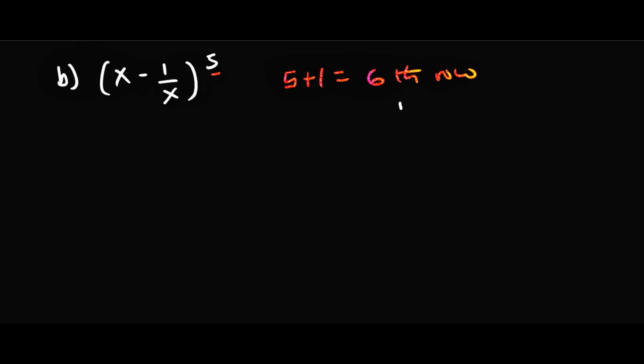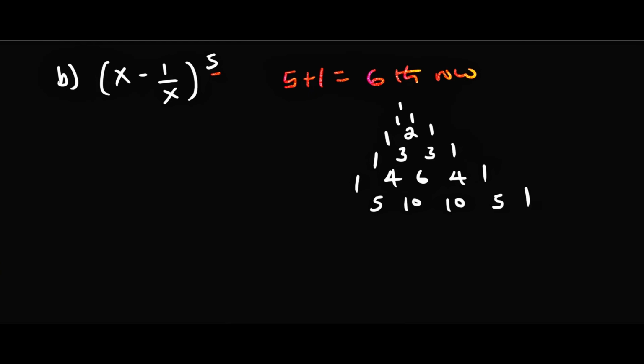So we have 1; 1, 1; 1, 2, 1; 1, 3, 3, 1; 1, 4, 6, 4, 1; then 1, and 1 plus 4, that is 5, then that is 10, that is 10, and that is 5. Then you have 1 and 1.